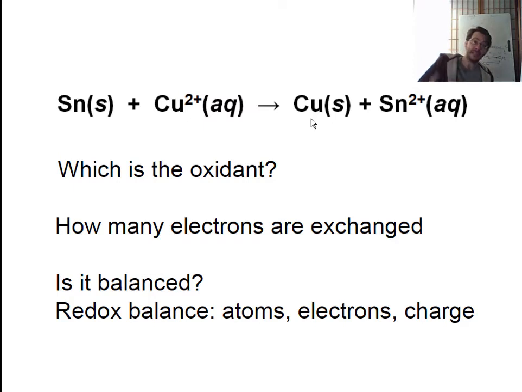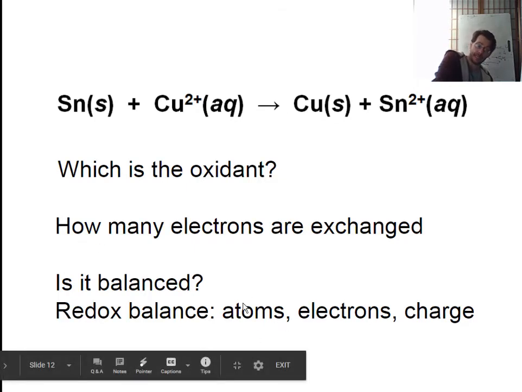If we balance all the elements, and we balance all the electrons, and balance the charge, then the entire system is balanced. And that's how you check. Are your atoms balanced? Are your electrons balanced? Are your charges balanced? You can balance any one of these and still be wrong. All 3 of them have to be balanced.